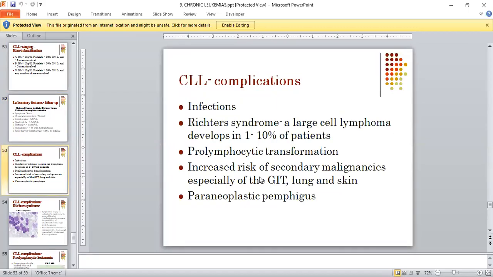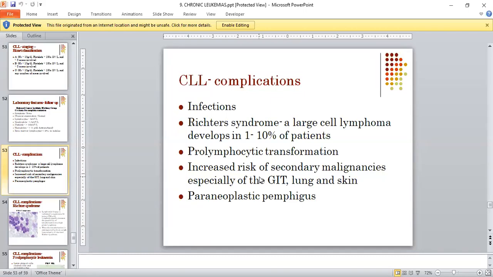Complications of CLL. So of course you'll have infections. Your body is not able to fight infections well, so you're very prone to some of the infections, whether they are from really kind of harmless pathogens, but since your body is not able to fight them efficiently, they become serious infections.